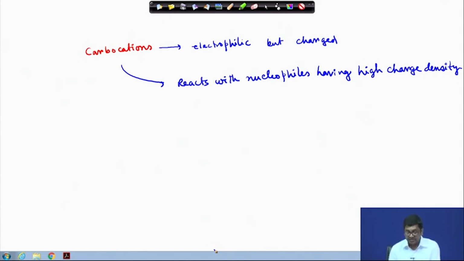Carbenes are uncharged. Being such reactive species, we would never consider the compounds they react with as nucleophiles in the usual sense. Carbocations react only if the nucleophile has high charge density.